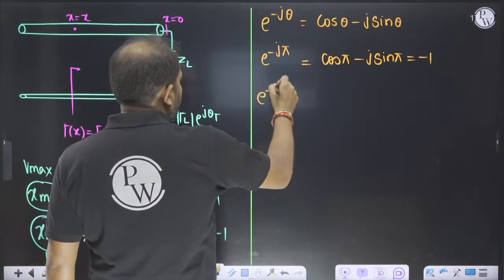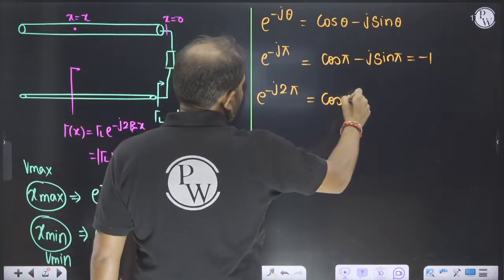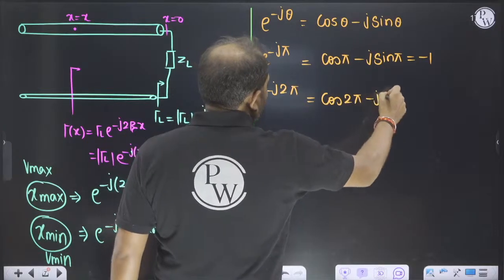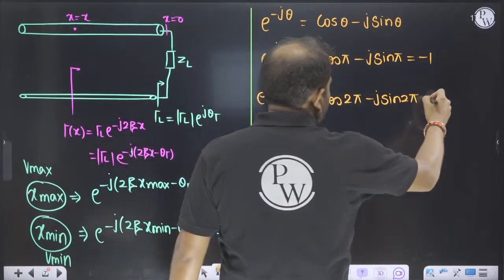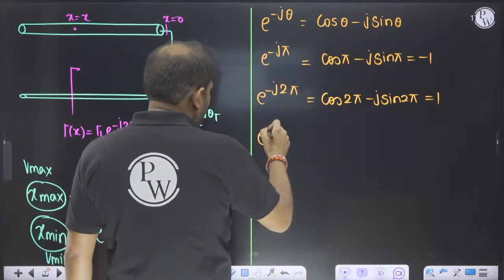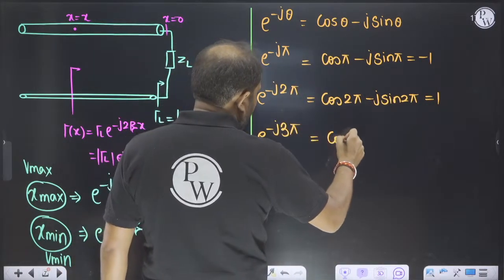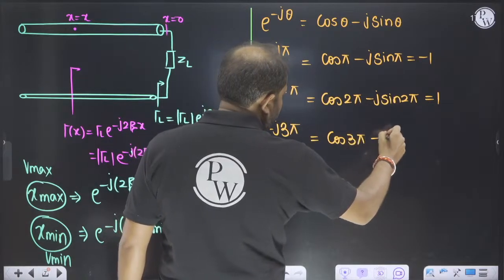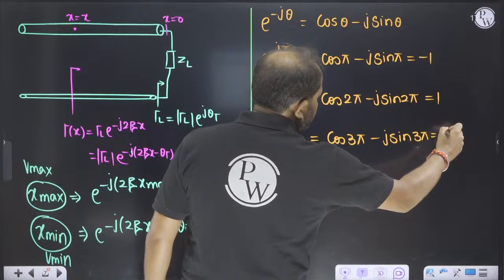e to the power minus j 2 pi is cos 2 pi minus j sin 2 pi, which is plus 1. e to the power minus j 3 pi is cos 3 pi minus j sin 3 pi, and cos 3 pi is minus 1.